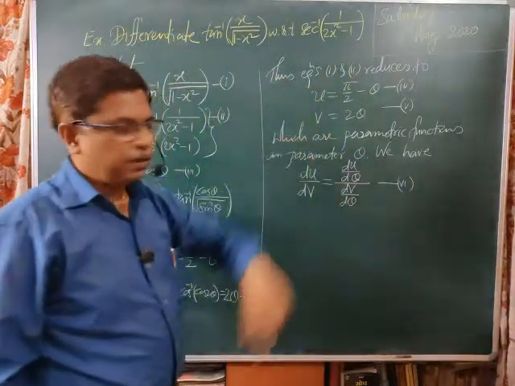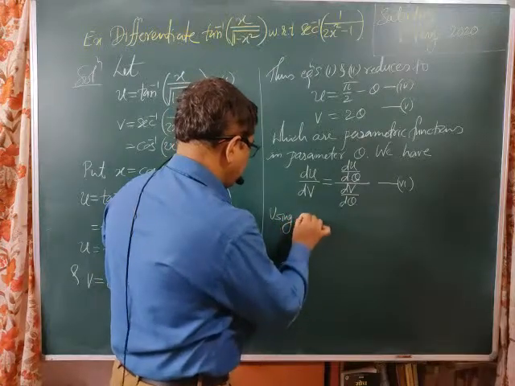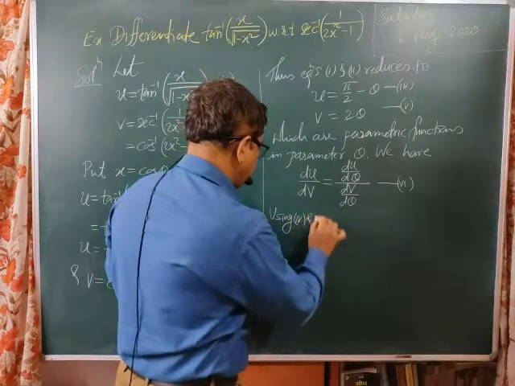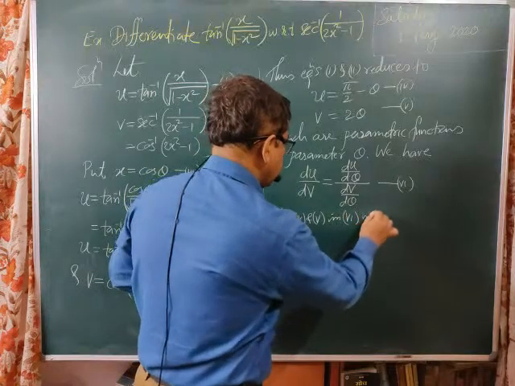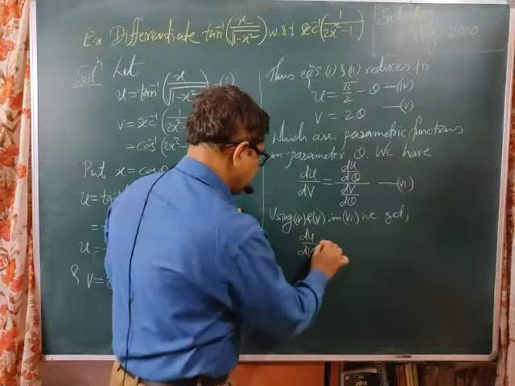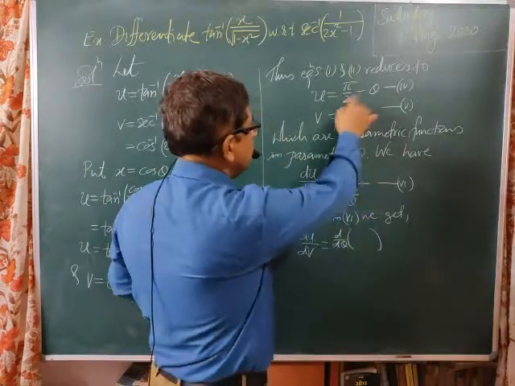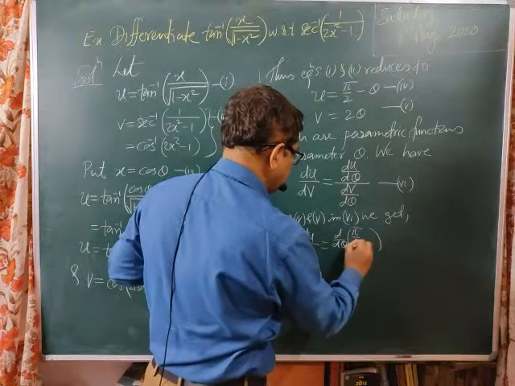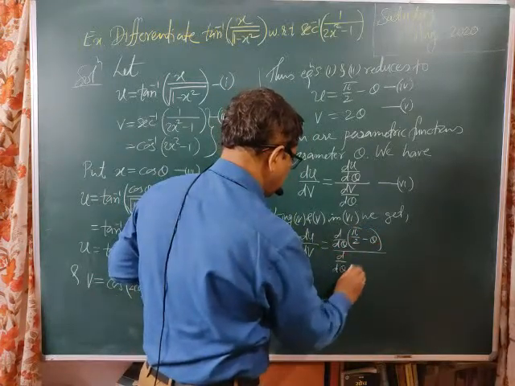Use 4 and 5 in 6. We get. So du by dv is equal to, now d by d theta of, see what is u? You have obtained pi by 2 minus theta, and d by d theta of v.